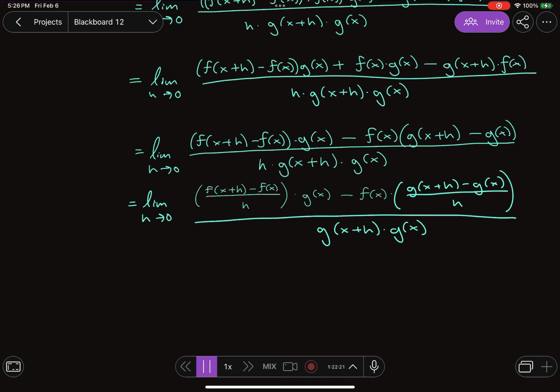Therefore, we have the limit as h approaches 0. Oh, I actually wanted to distribute that. Let me try that again.